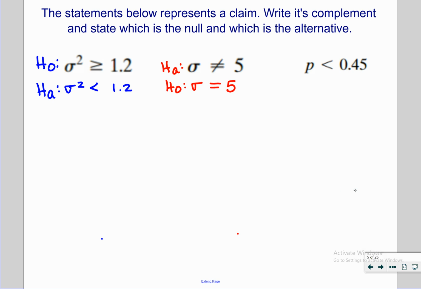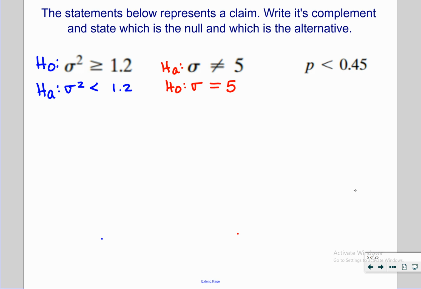All right, and then the last one, we are making a claim about what? What's P stand for? We did it in the last section. Probability, close.